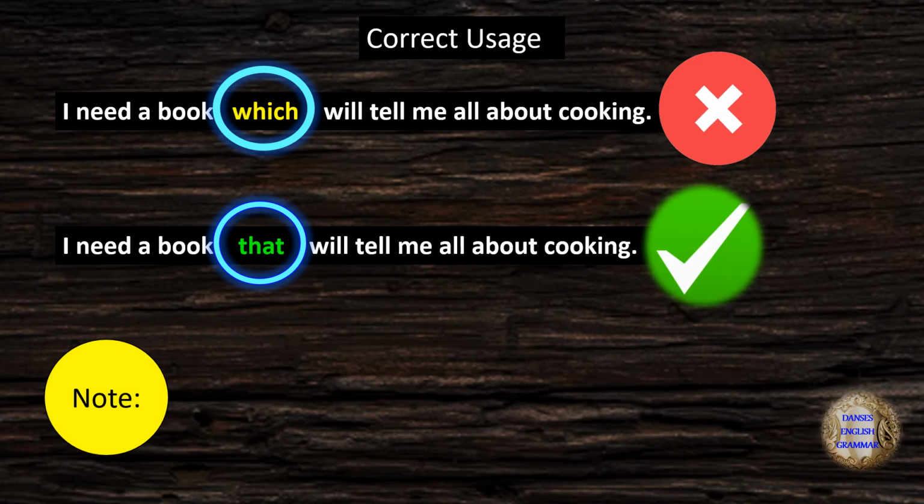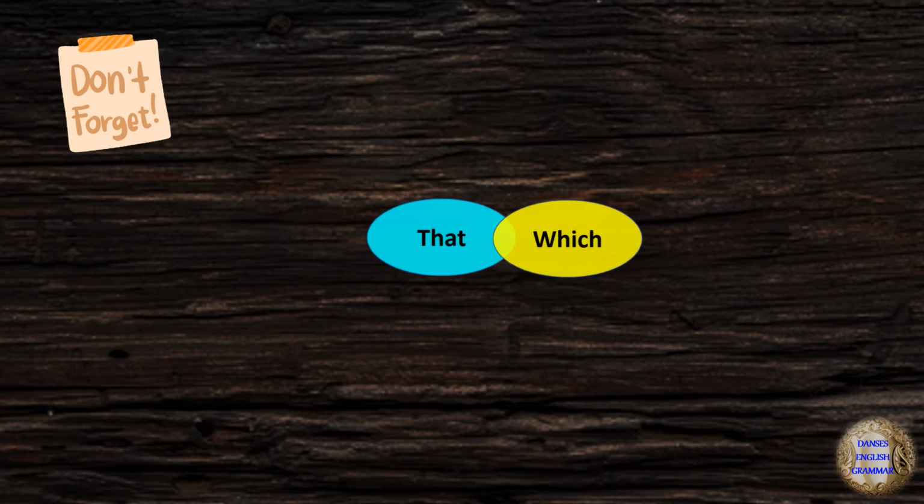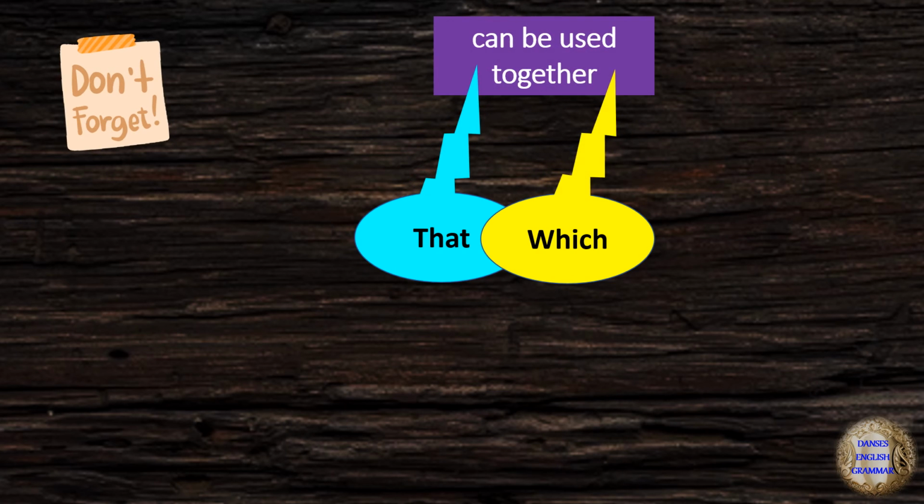One more note which I want all of you to remember. When the clause is at the end of a sentence, remember only one comma is used before which, in case you're going to use the word which. Fine? Finally, don't forget that and which can be used together.